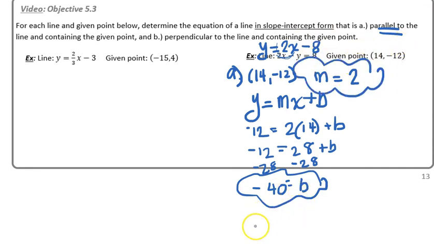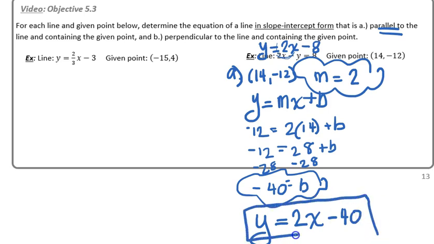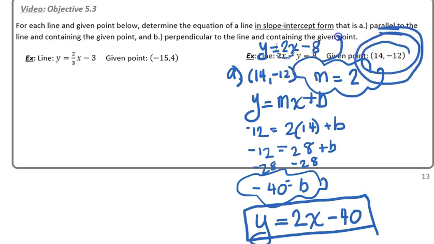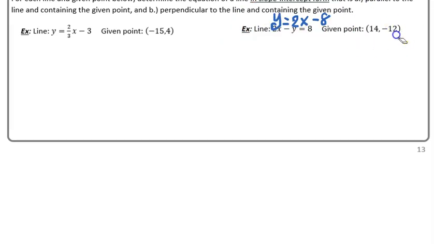So we can write the equation y equals mx plus b: m of 2 times x plus negative 40, which is minus 40. So this is the equation of the line that contains this point and is parallel to this line. Okay, so B.